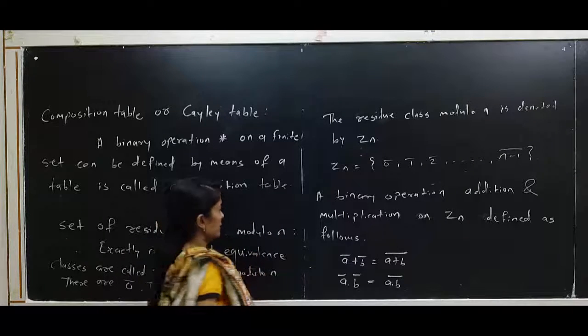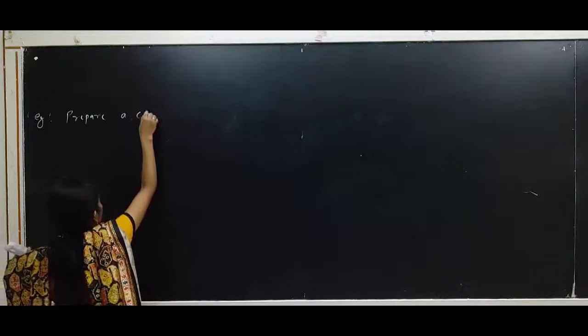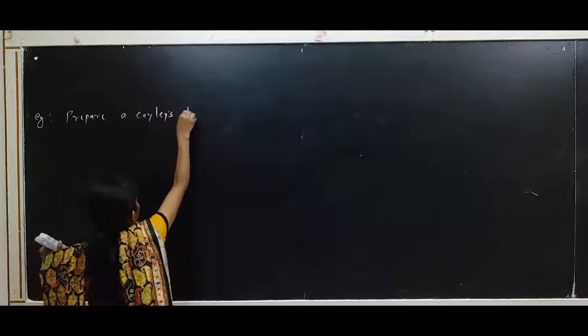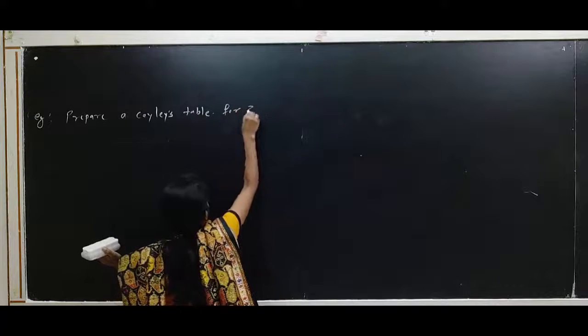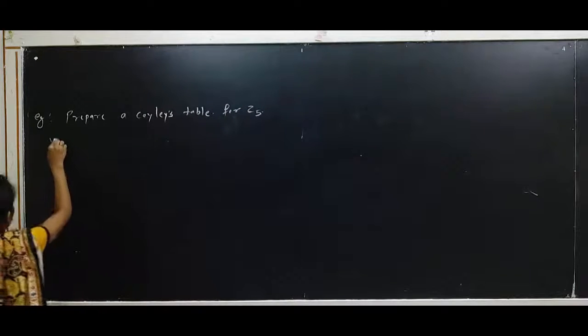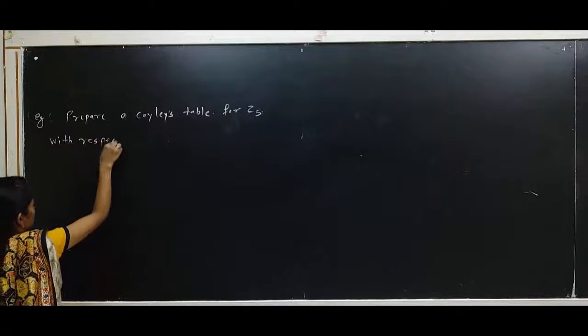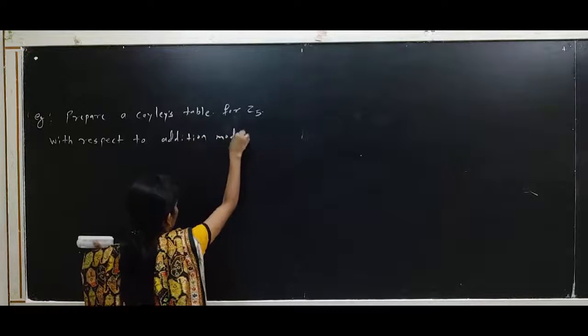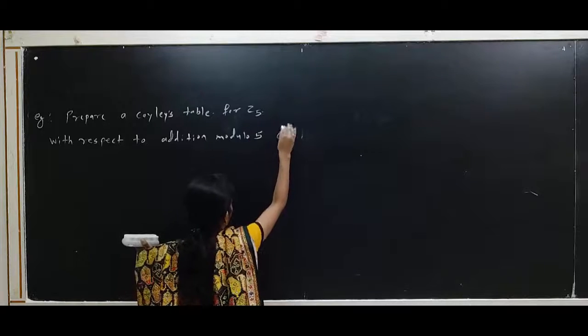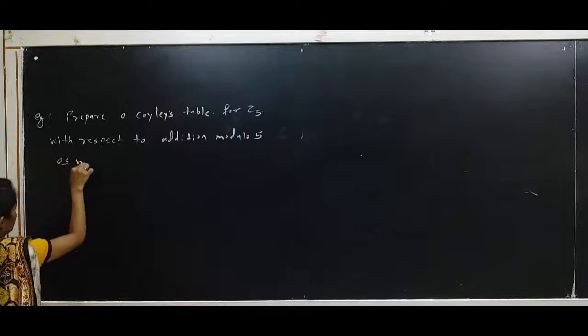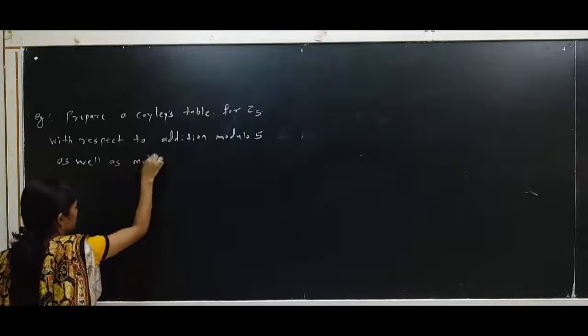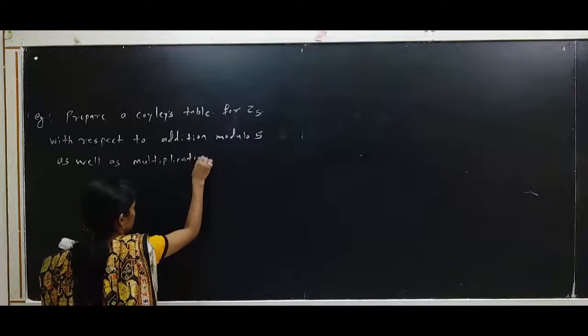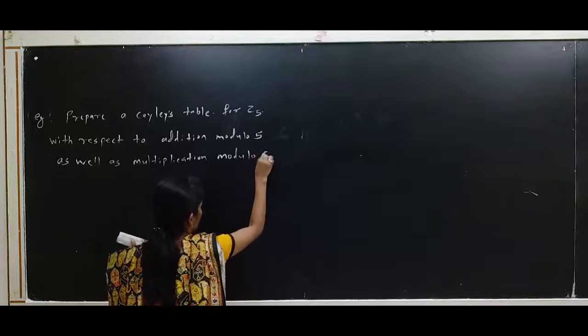Now, we take the example. Prepare a Cayley table for Z5 with respect to addition modulo 5 as well as multiplication modulo 5.